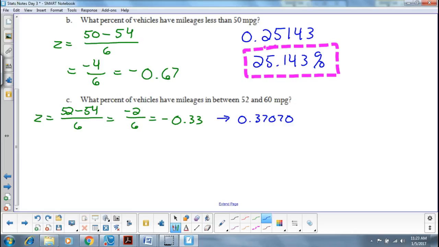Then find the z-score of the next one, which was 60.